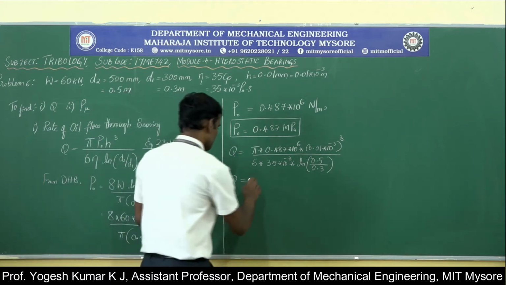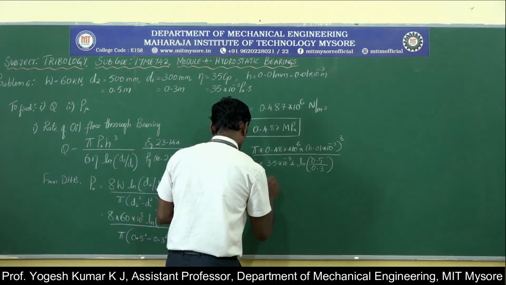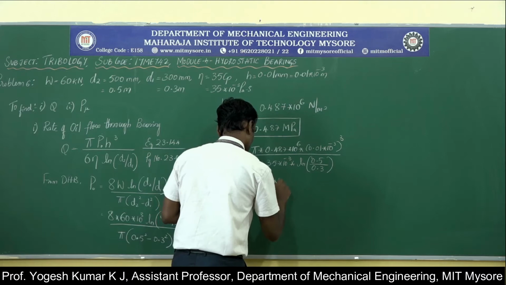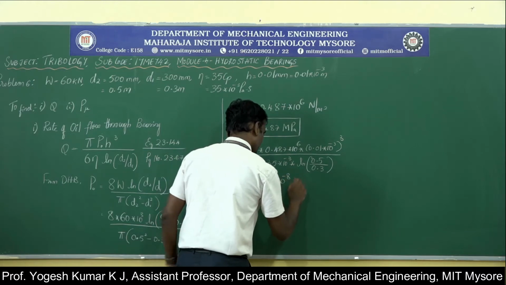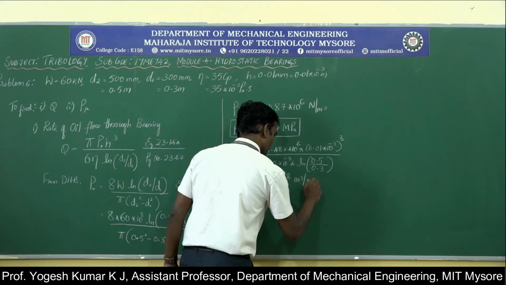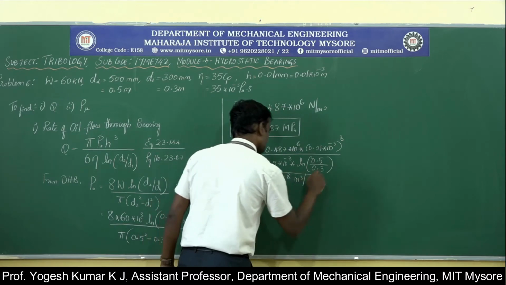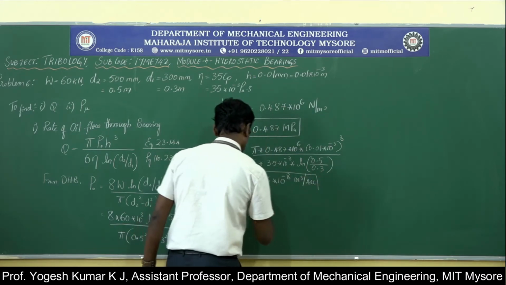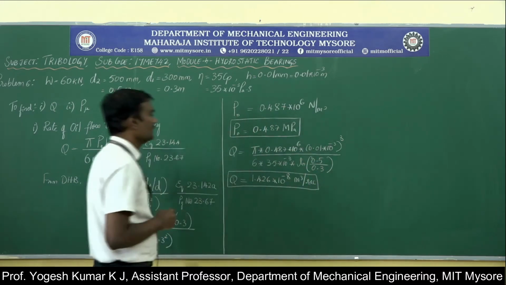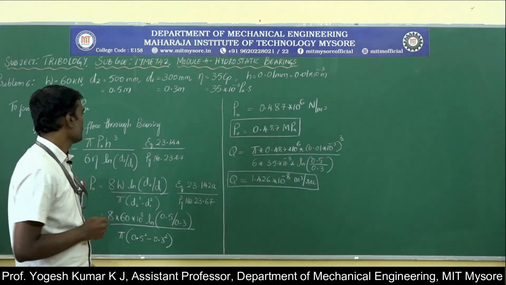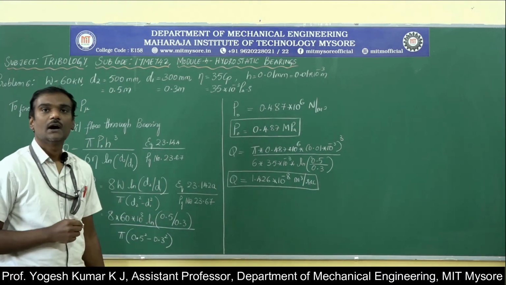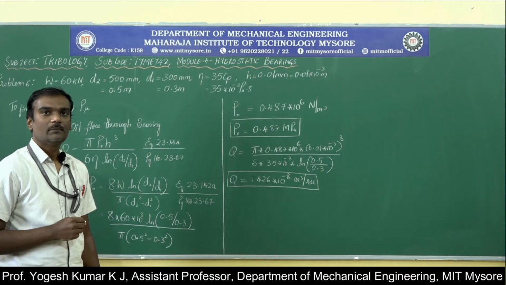So we get this as 1.426 into 10 power minus 8 meter cube per second. So we have found the first unknown that is asked in our problem.